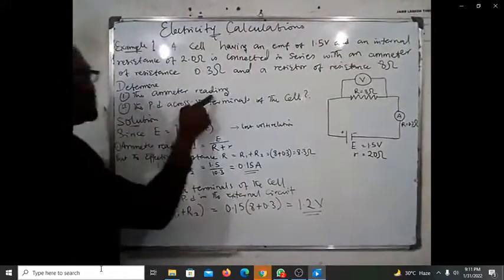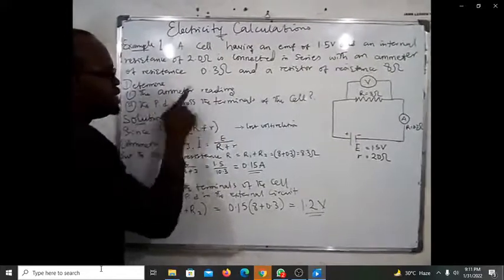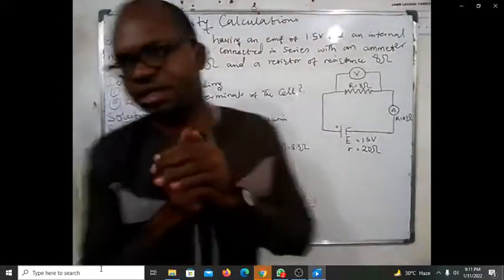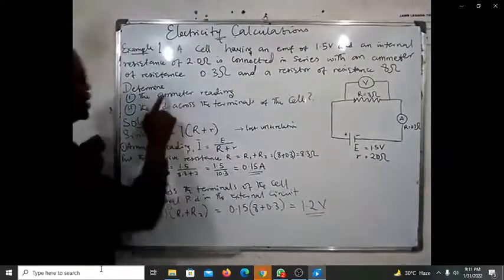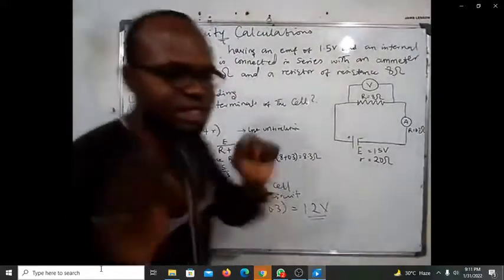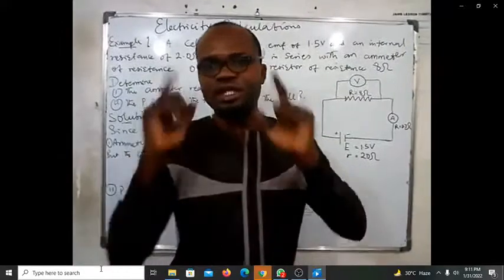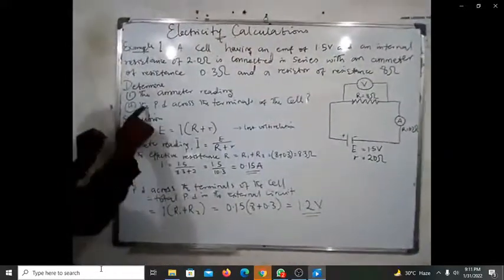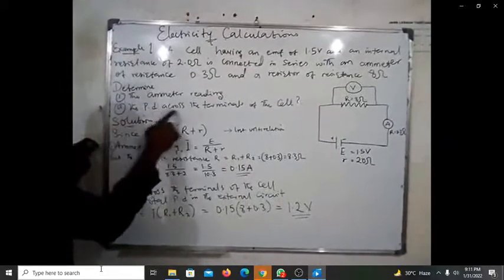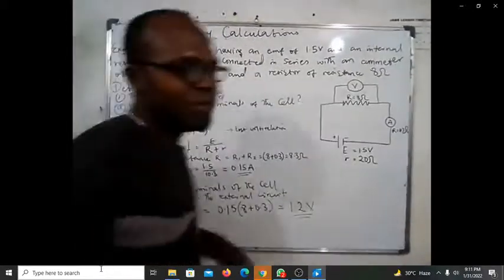Determine the ammeter reading. When you are asked to determine the ammeter reading, what are you asked to measure? Current. All of us know that an ammeter measures current. So when they tell you to determine the ammeter reading, they are simply telling you to calculate current. Then number 2, determine the potential difference across the terminals of the cell.